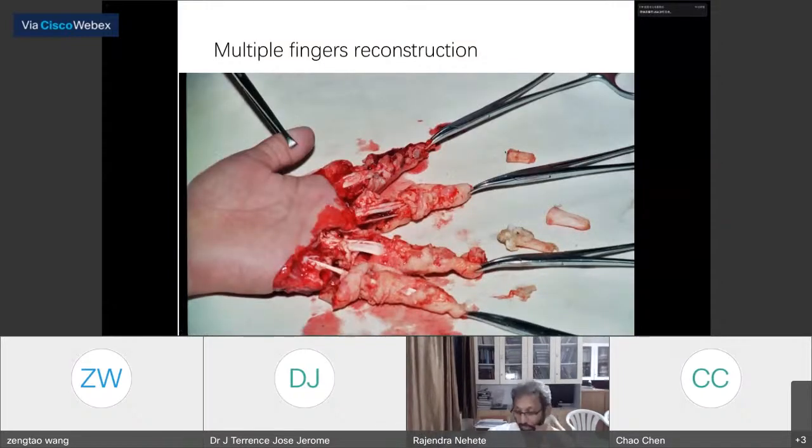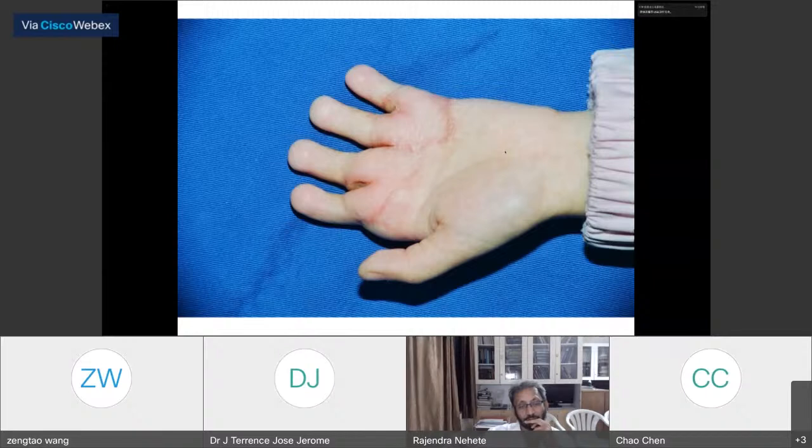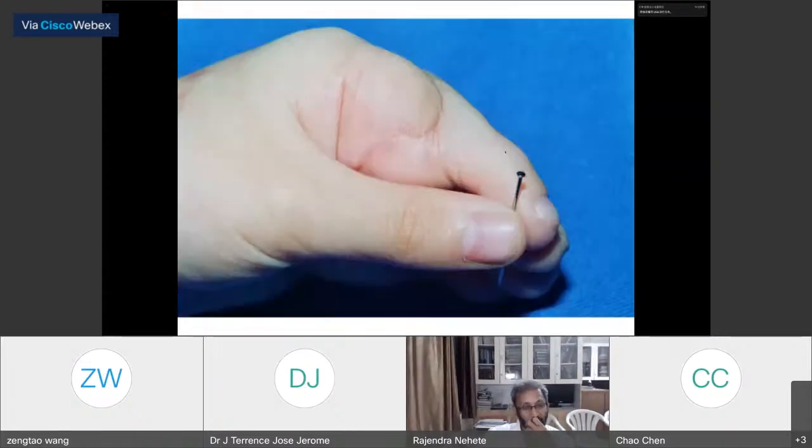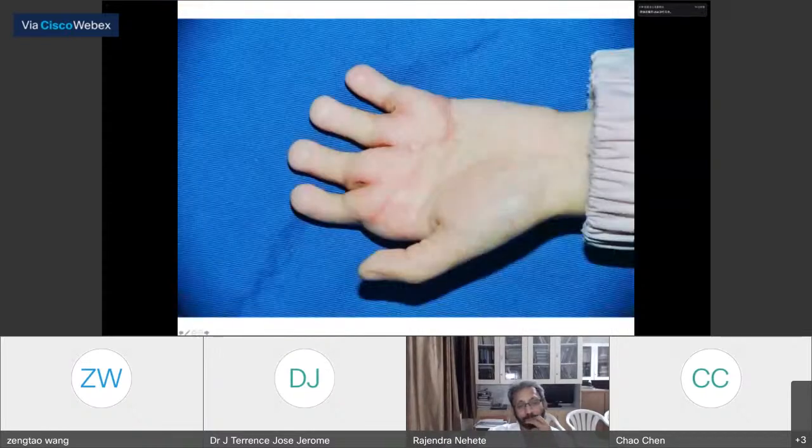For this case, we transferred 4 toes to reconstruct the 4 fingers. It's a good function, but the fingers are too short and look like toes.